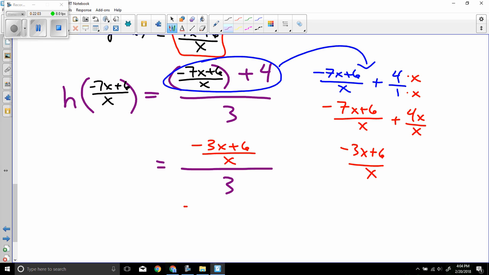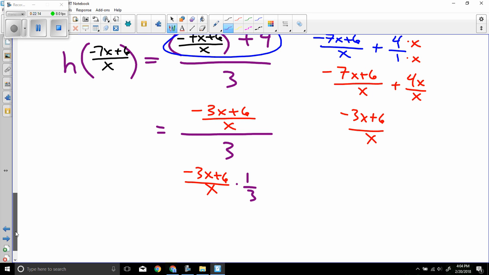Okay. So I've got negative 3x plus 6 over x times the reciprocal of 3, which is 1 over 3. Which, okay, this doesn't seem too bad. This ends up giving me negative 3x plus 6 all over 3x.